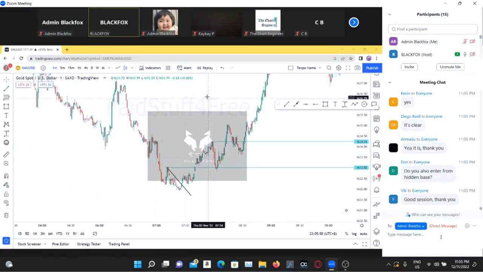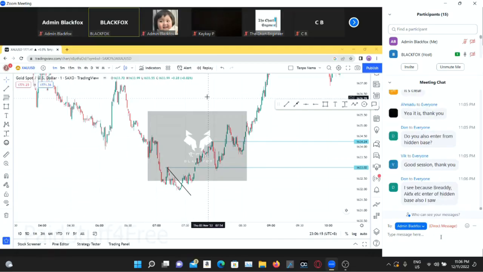If there is a clear hidden one, I will not mark the hidden, but I will choose to find it at H4 SNR, because the hidden also is SNR, right? Yeah, they also trade entries from hidden base.